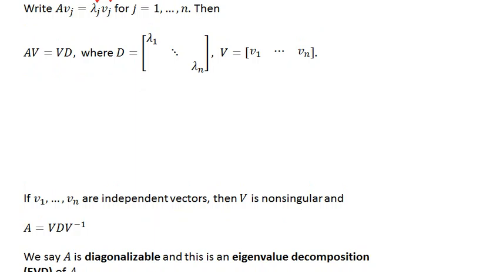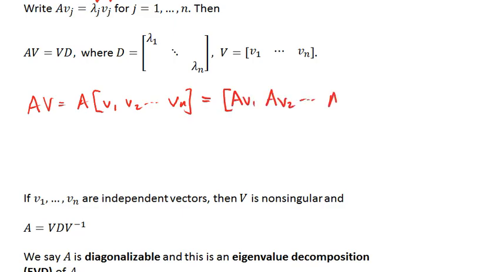Why is that? Well, remember that A times V can be done blockwise. So that's the left-hand side of that equation.